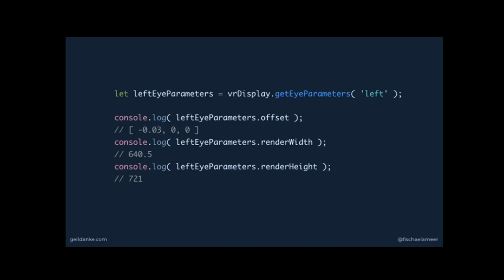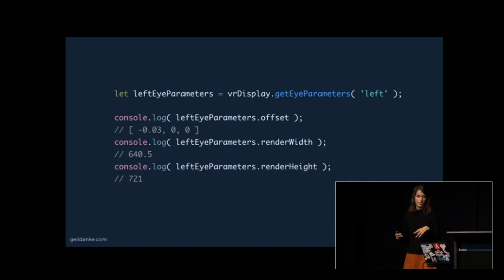Now we have to render our scene twice in a stereoscopic way, and this is where we can use the getEyeParameters method. It gives us all the information we need if we pass one string for each eye as an argument. So there's the offset, which is 1/2 of the interpupillary distance, or the render height and width, which returns the recommended width and height of a canvas for each eye.